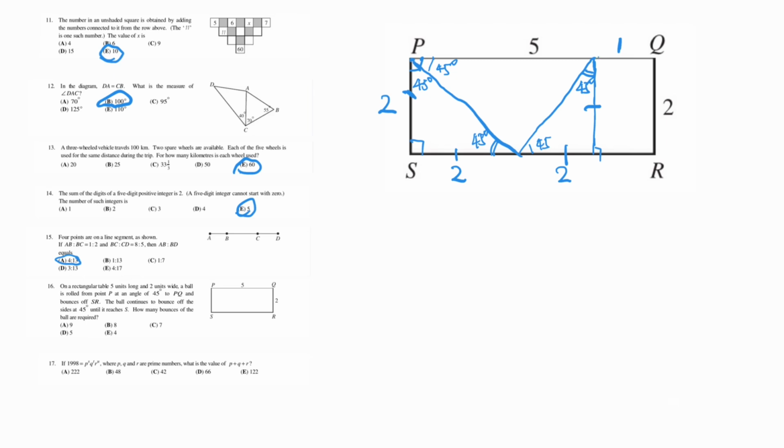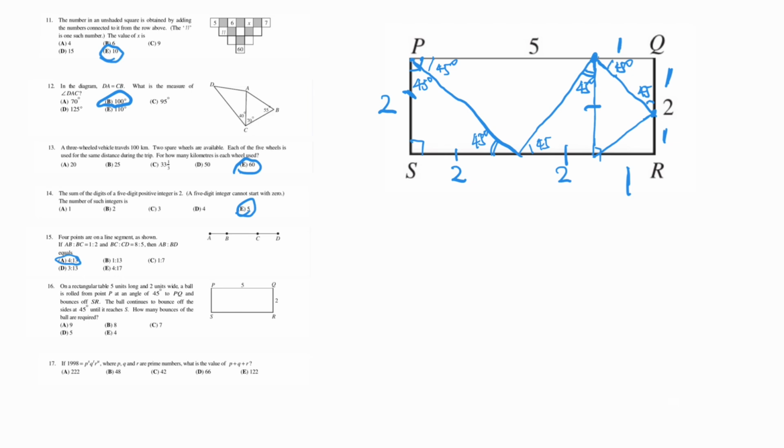So from this point, we roll another 45 degrees. That means this part is 45 too. So this is 1. And from the point on QR, go another 45 degrees. That means 1, 1.